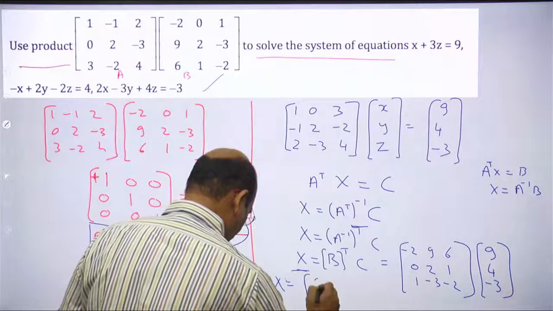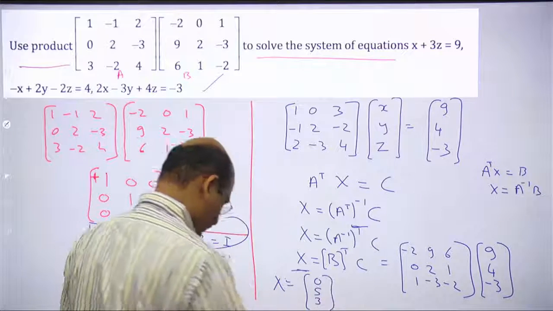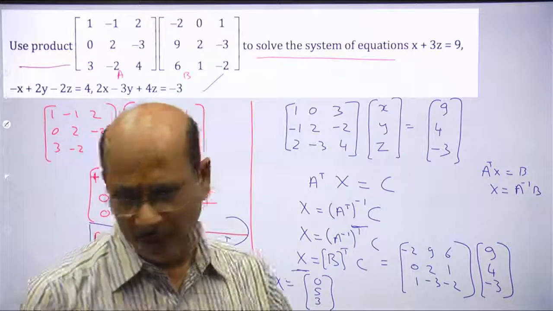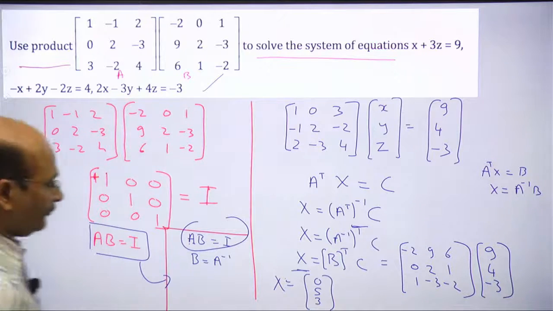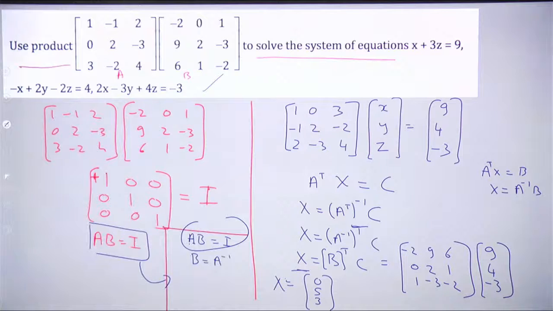X is 0, 5 and 3. Great. Thank you, Akshita. God bless you, beta. Right. Even Anushka has also given me that.